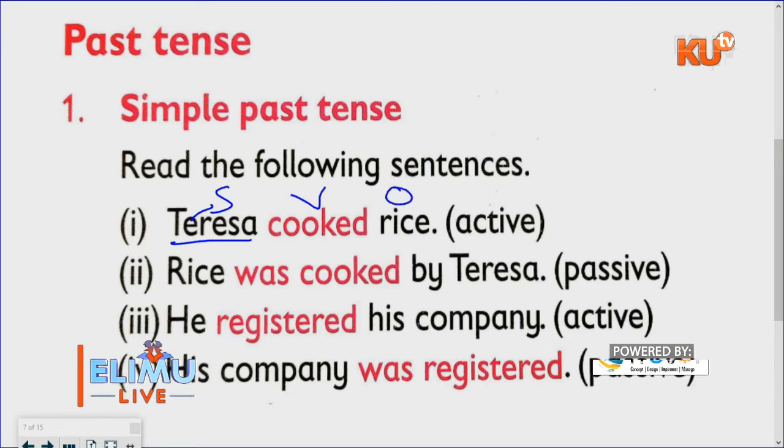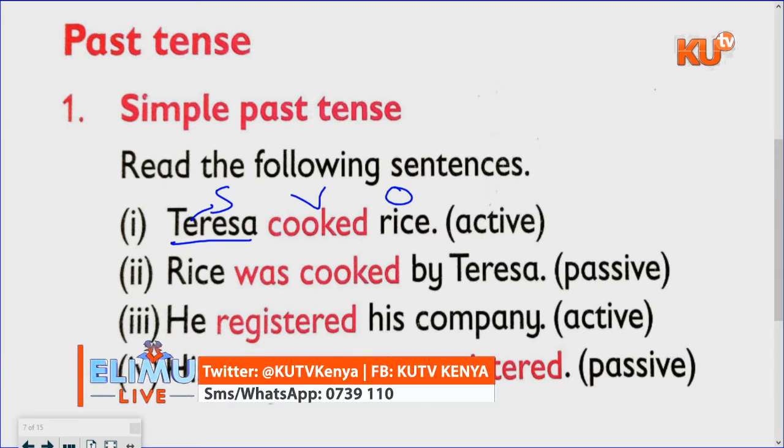The importance of identifying the subject, the verb, and the object is that when you want to change, it is going to be easier because you know that you are going to take your subject to be the last part of the sentence, because your focus is going to be on the object in passive voice.